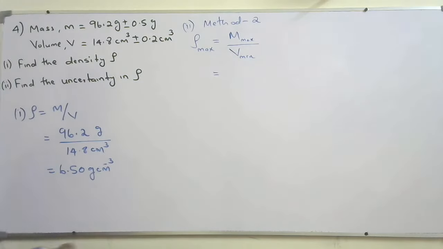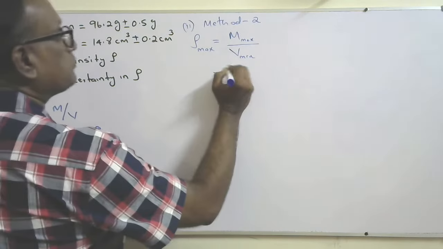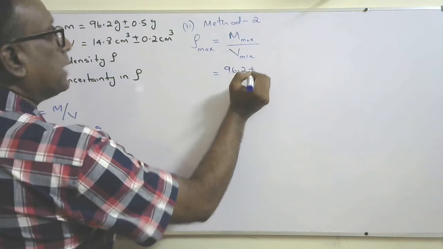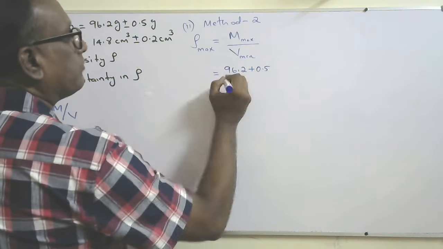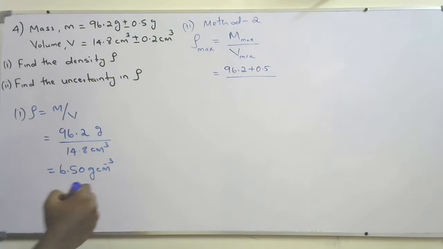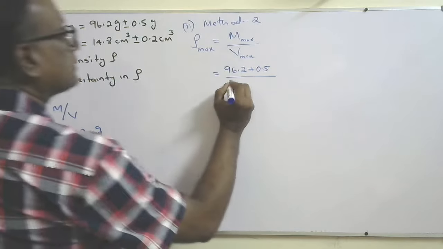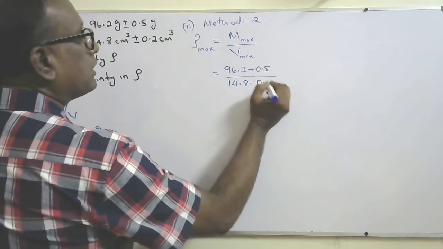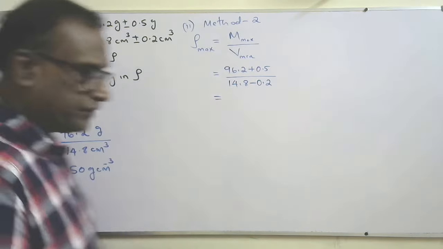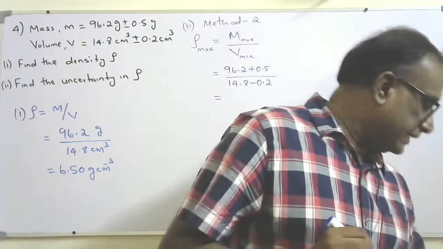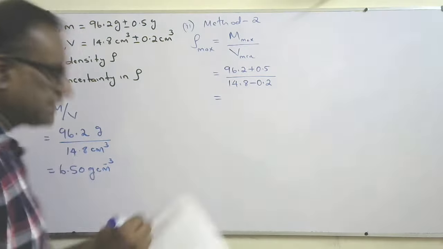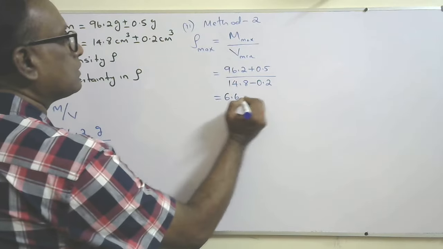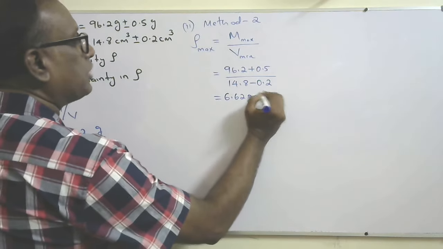So how can I find the maximum? That is 96.2 plus 0.5 over the minimum value of volume, 14.8 minus 0.2. Okay, solve it. You will get the maximum density. So the maximum density will be 6.62 gram per cm cube.